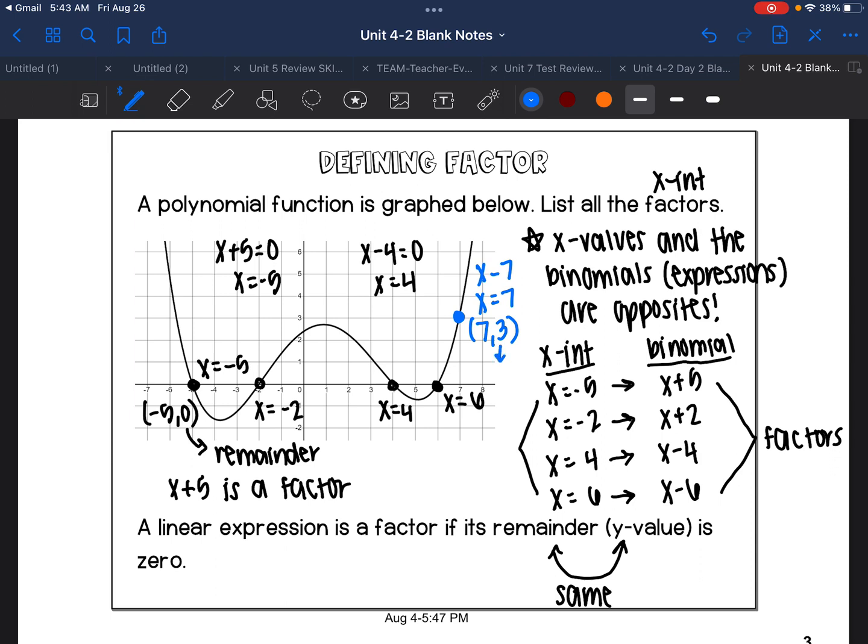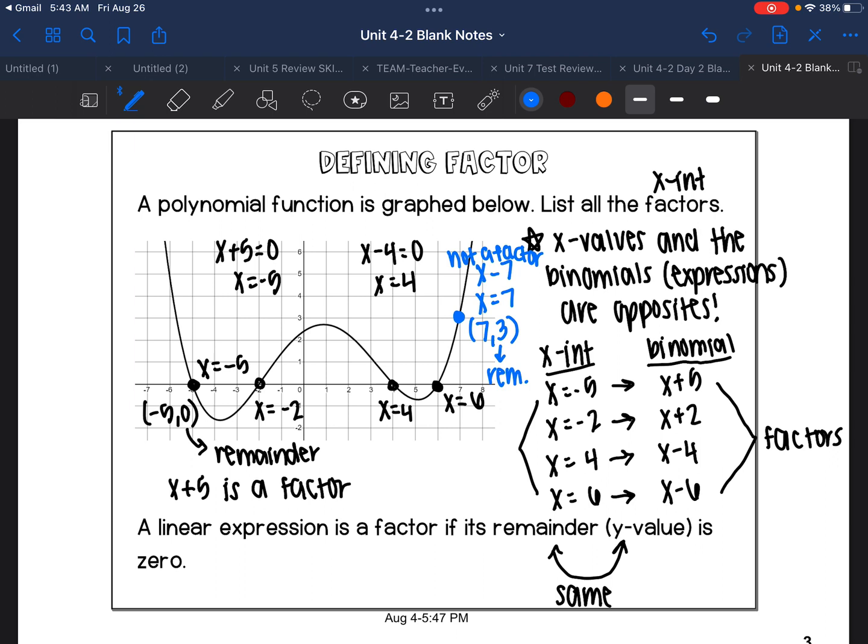Now, 3 is our remainder, because again, the remainder and the y value are the same. So we can see, even though x equals 7, which in turn is x minus 7, exists on our graph, the remainder is 3, so x minus 7 would not be a factor. Okay, so it is not a factor.